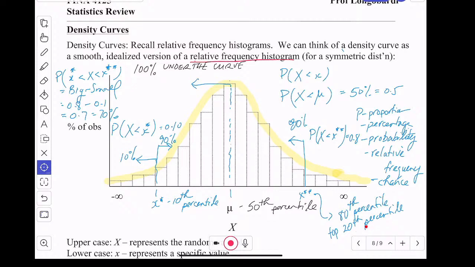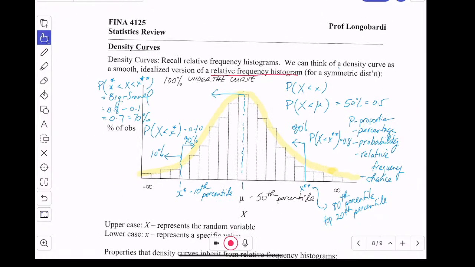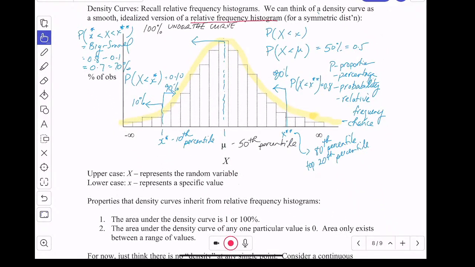To the right is the top percentile. So that's just a basic symmetric density curve. The area under the density curve is 100%. And we only look at area between values, or to the left, or to the right.